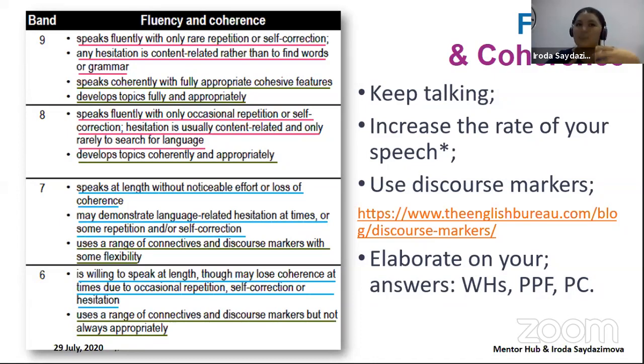If you ask these questions of yourself, you're going to talk further and further and further. Or you can focus on PPF. I think everybody knows this method. You can talk about one particular question, you can talk about the past and then present and then predict the future, for example. So you're extending your answer in that way. Or you can talk about the pros or cons of an issue at hand.